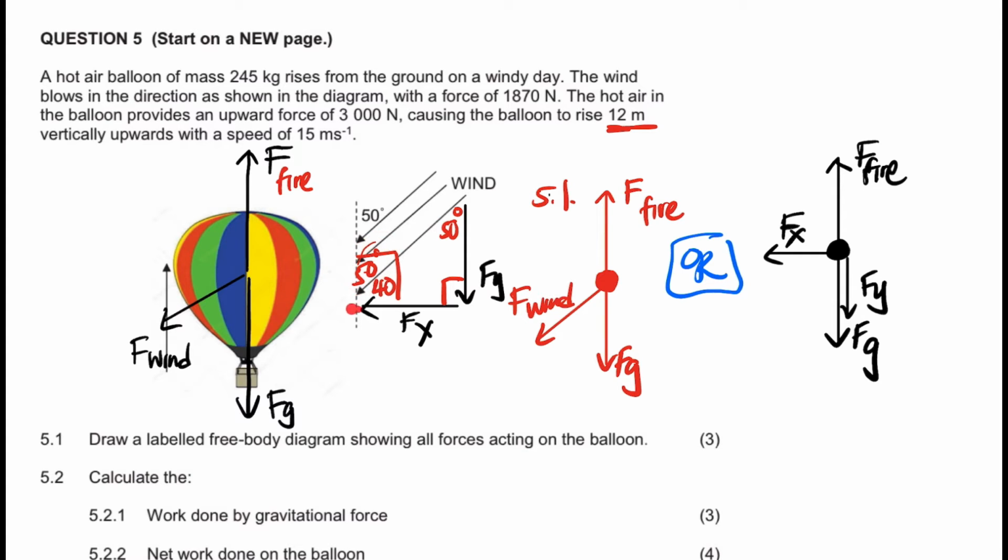We use the force that is what? To the horizontal, right? We're going to use 40 in terms of what? 50, because it's to the vertical, it's here, but we need to use the force that is here, so we're going to use 40.